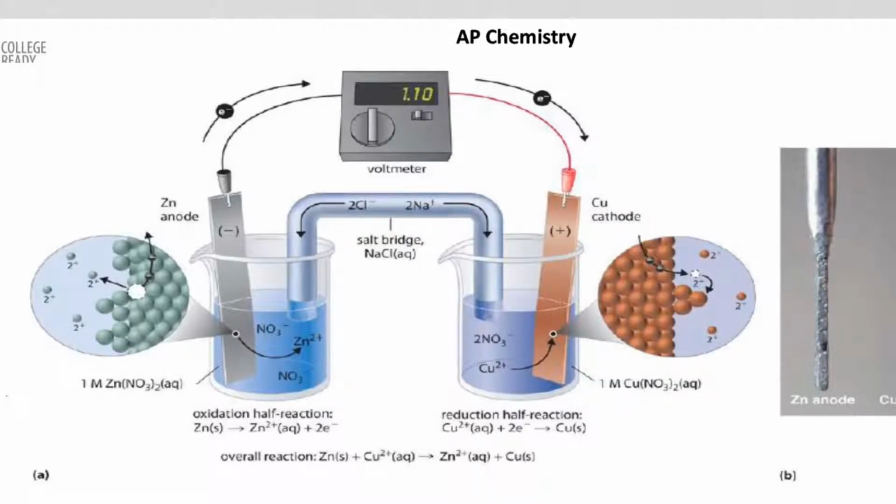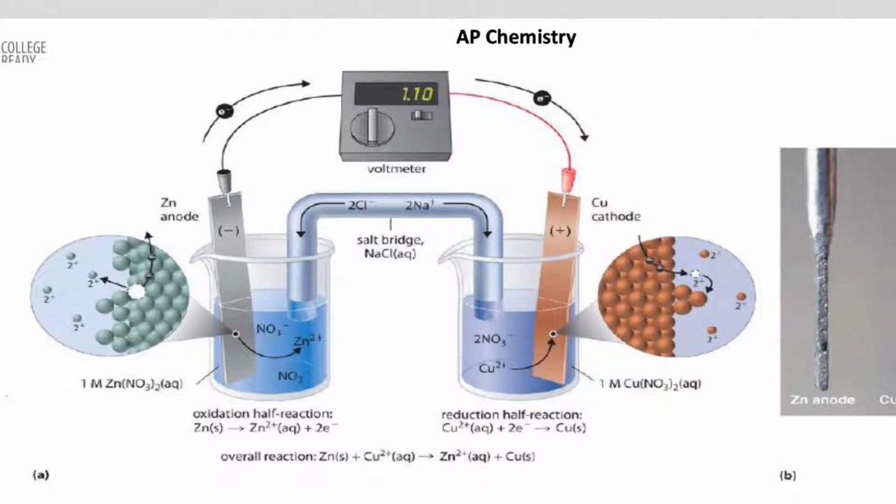Well, if you think about what's happening in the solution, before this redox reaction is taking place, in this solution you have dissolved, you see the salt that's dissolved, zinc nitrate. So for every 1 zinc 2 plus ion, there are 2 nitrate ions. That's what's dissolved in the solution. Once this reaction starts occurring, the solid zinc is losing 2 electrons, and more zinc 2 plus is entering the solution.